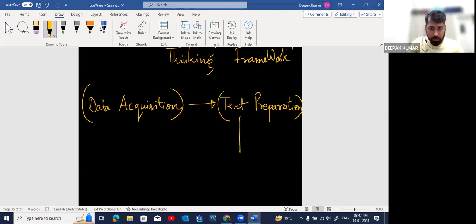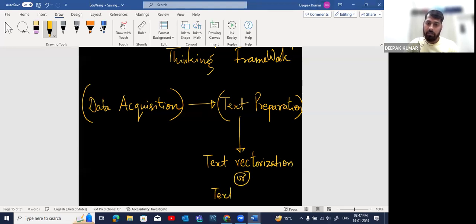Now that the text is prepared, the machine has to be given the text, but the machine does not understand text. So we go for text representation or text vectorization.